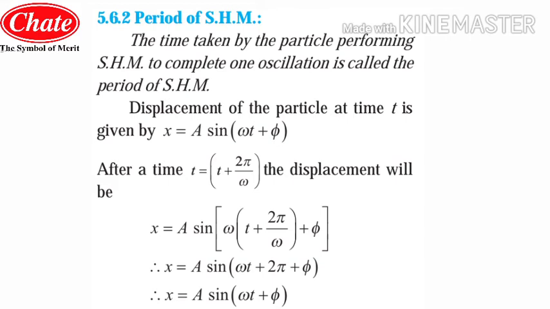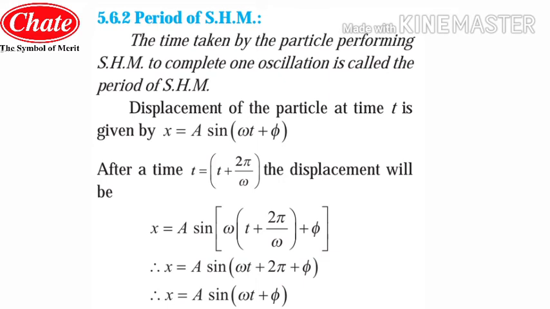Now the displacement of the particle at time t is given by x is equal to a sin of omega t plus phi. We are already aware of that. Now after a time t plus 2 pi by omega, the displacement will be, simply we have to put this value instead of t.